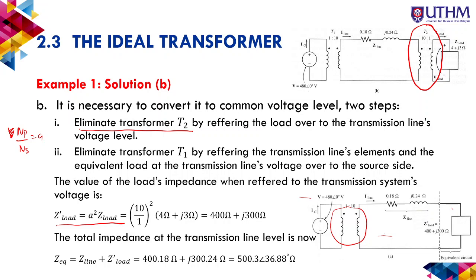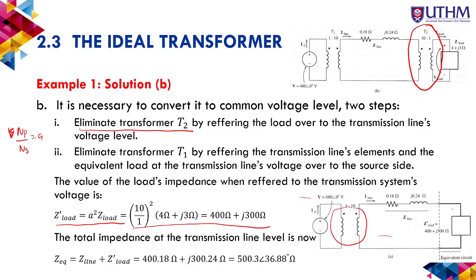Oh, betul. Okay, 10/1. And then try to simplify, it will become like this: 400 ohm plus j300.